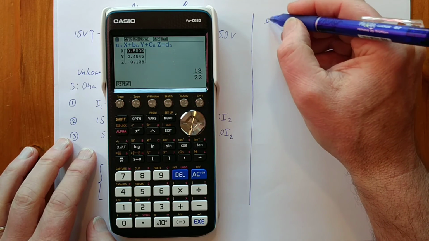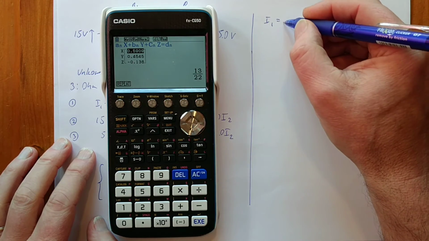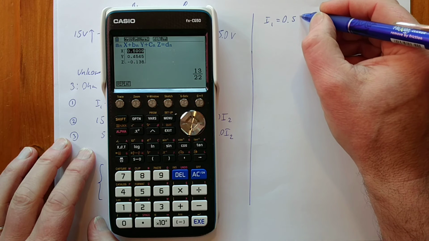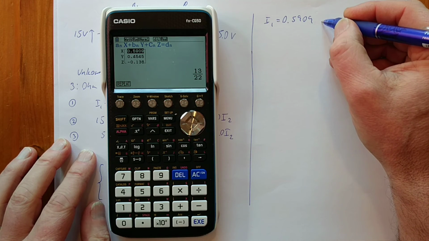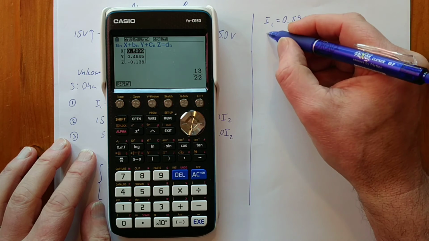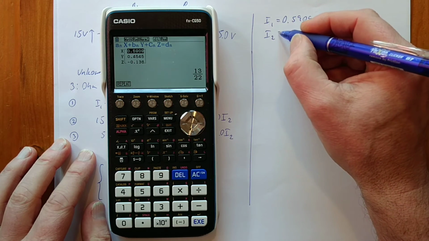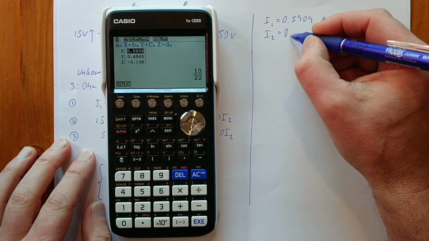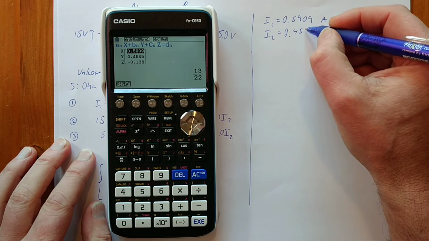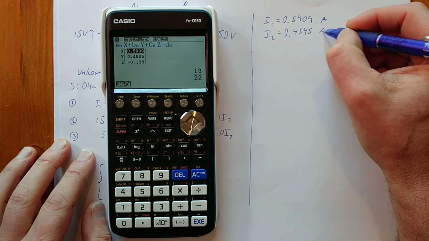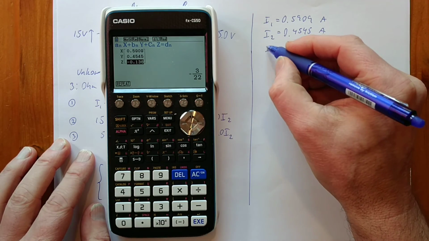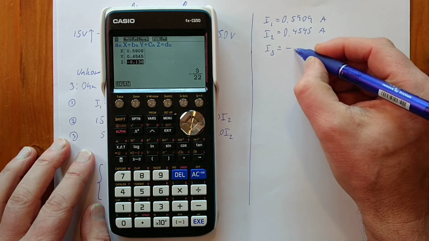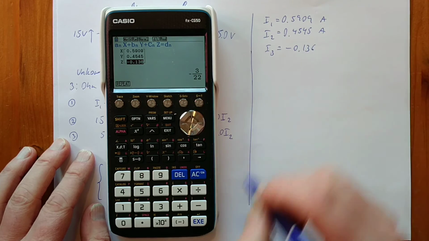So our first current I1 will be 0.5909 amps. The second current would be 0.4545 amps, and the third one here will be minus 0.136.